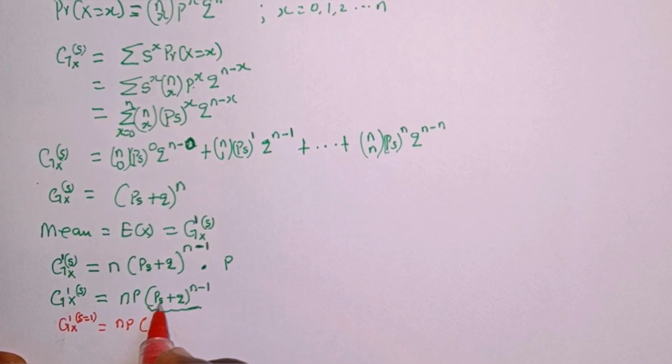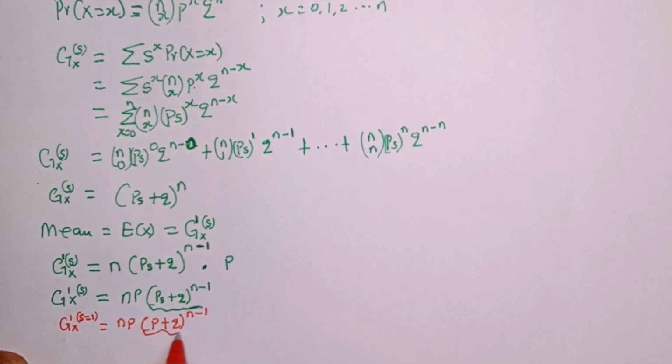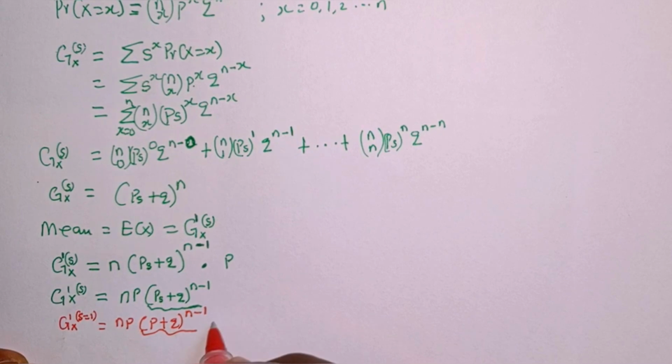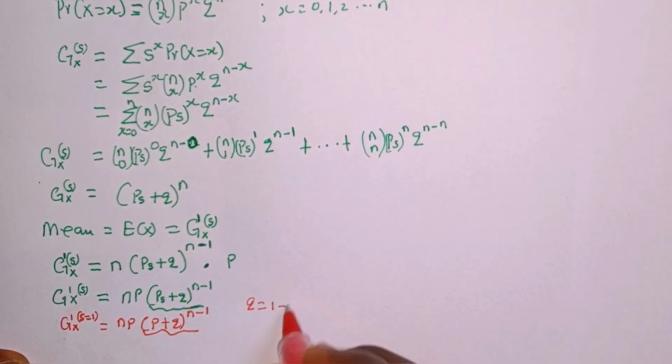When you replace 1, it's going to remain only p, then plus q raised to the power of n minus 1. To show that this is equal to 1, this p plus q, remember that q is the same as 1 minus p.